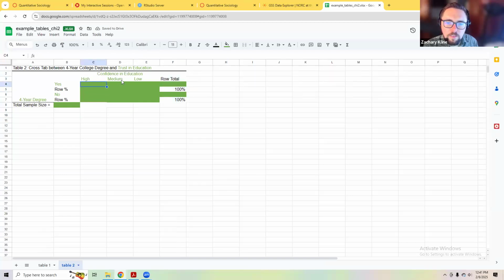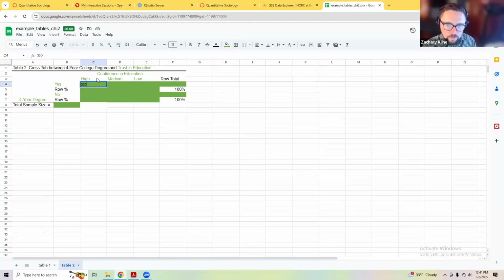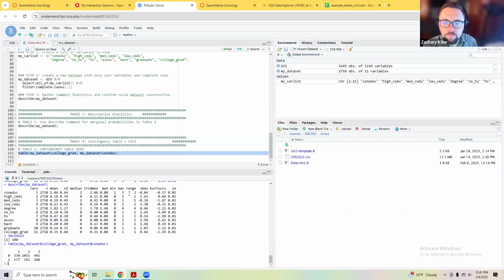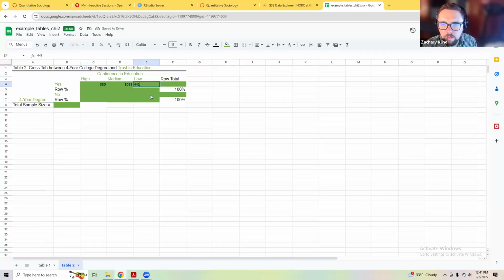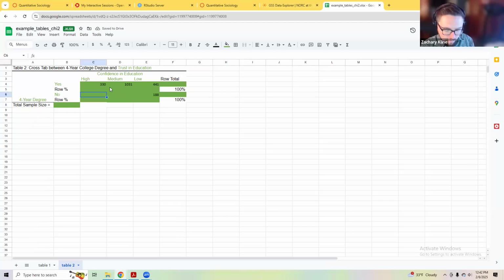And then here, first we're going to put these values that we just had: 330, 1031, 441, 188. Notice I'm putting them in, not the row percentage yet. 177, 591.